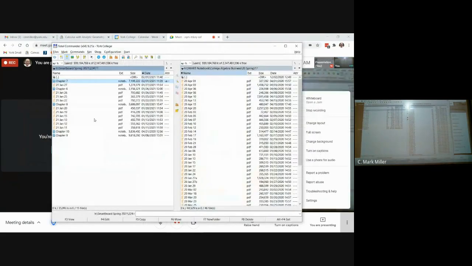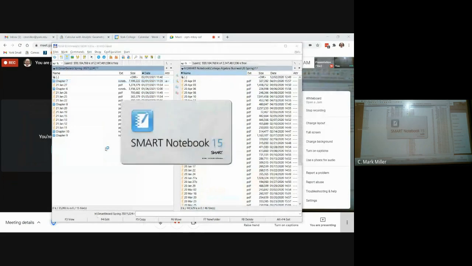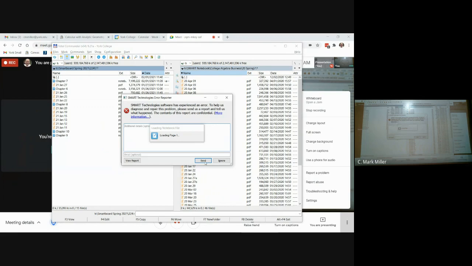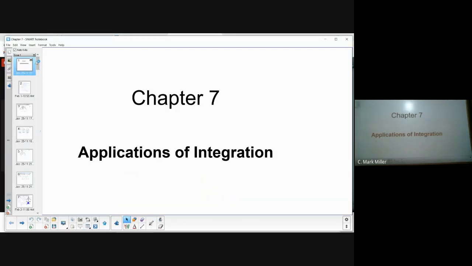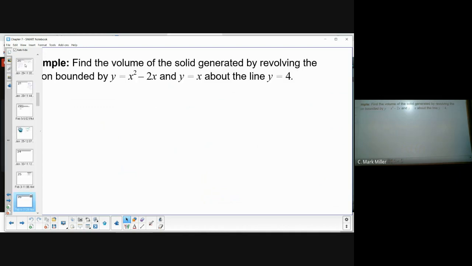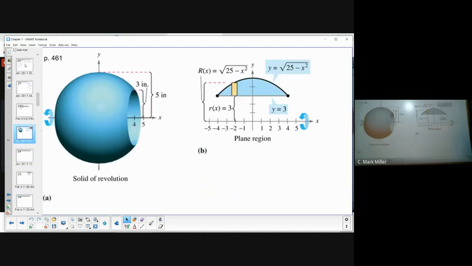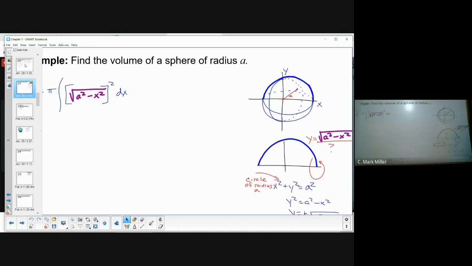If it won't let me scroll, that's crashing. See how much we salvaged. Oh, good.